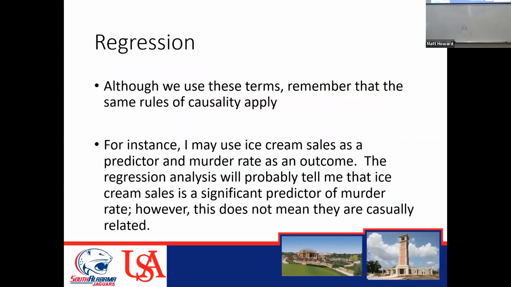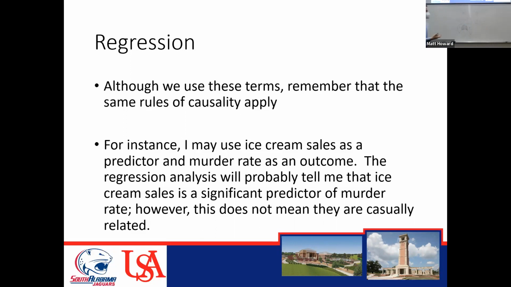Okay. And that's what I said before. Although we use these terms predictor and outcome, the same rules of causality apply. So you could collect data on, once again, ice cream sales and murder rate. You could run it through a regression, and it'll probably tell you that the predictor of ice cream sales predicts the outcome of murder rate, but the same rules of causality apply.